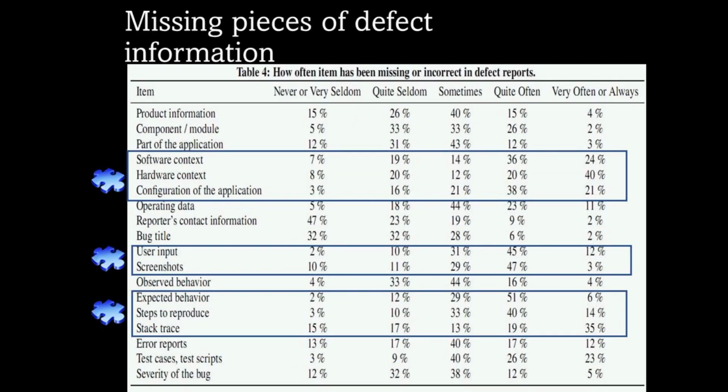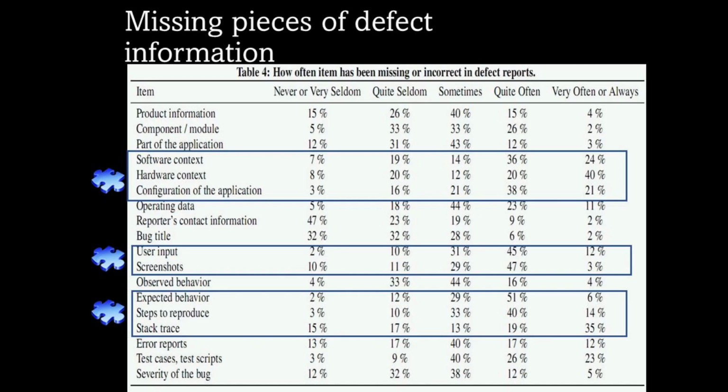This table illustrates the frequency of missing or incorrect information in defect reports. It sheds light on common gaps that can hinder the defect resolution process. Key observations include: 1. Configuration of the application is frequently cited as incomplete, with 38% of respondents saying this occurs quite often, and 21% noting it happens very often or always. 2.